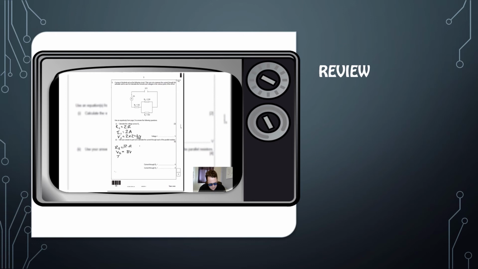And then our current this time is going to be 8 divided by 12, which is 0.67 amps. Now, on your calculator, what you'll get is 0.6 with a little dot. That little dot means recurring, so that's 0.6, and the 6s go on forever. So we need to round up because it's higher than 5.